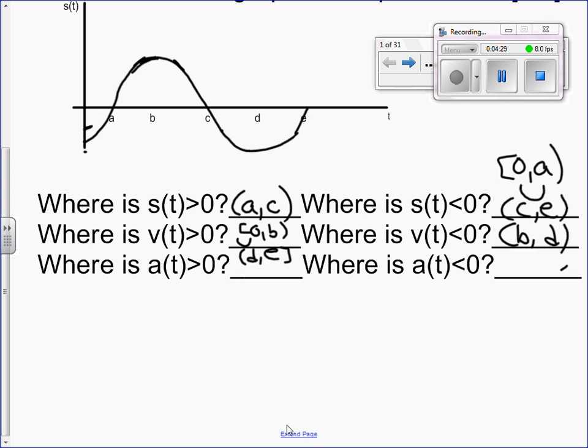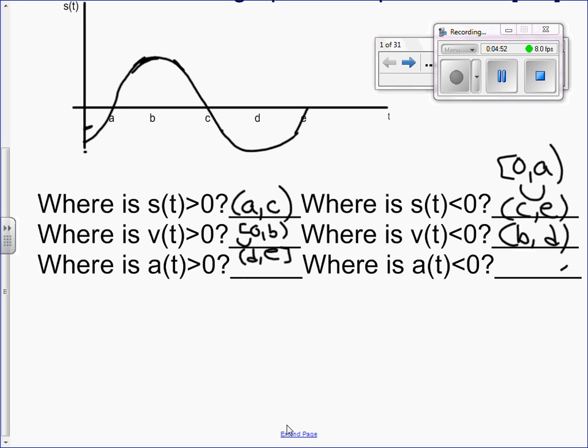Now we want to find out where the acceleration is positive. We said acceleration will be positive when the graph of the position is what? When will the acceleration, the second derivative, be positive? When concave up, right? So where is this concave up, Cameron?